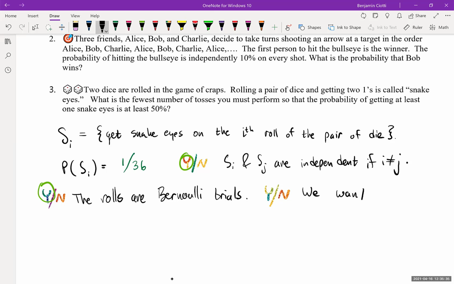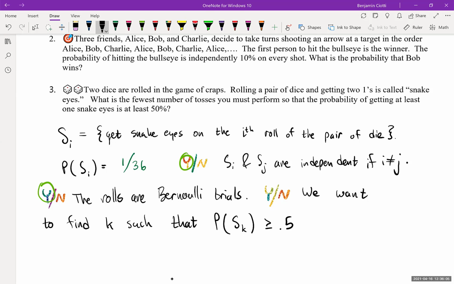We want to find K such that the probability of SK is greater than or equal to 0.5.